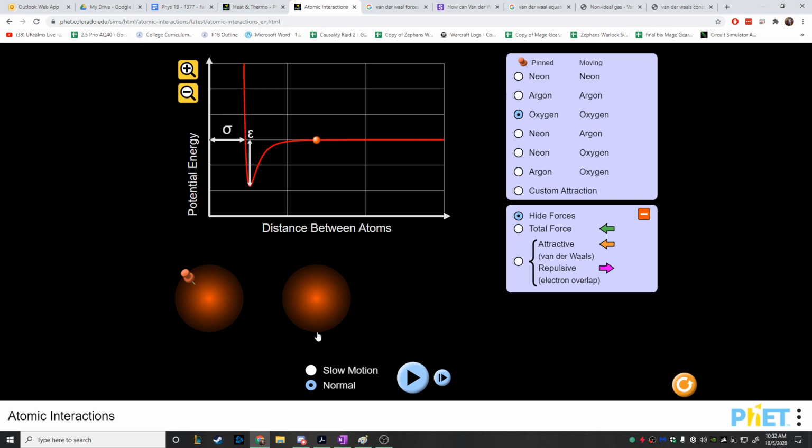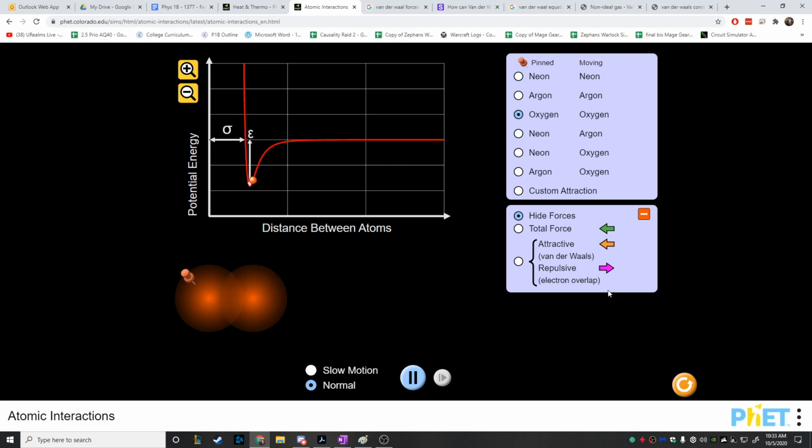Those electrons are negatively charged, which means that as we push them closer together, there's a force that tends to cause them to want to separate. That's purely because you've got negative charges pushing into other negative charges, and you get a big repulsive force. Okay?